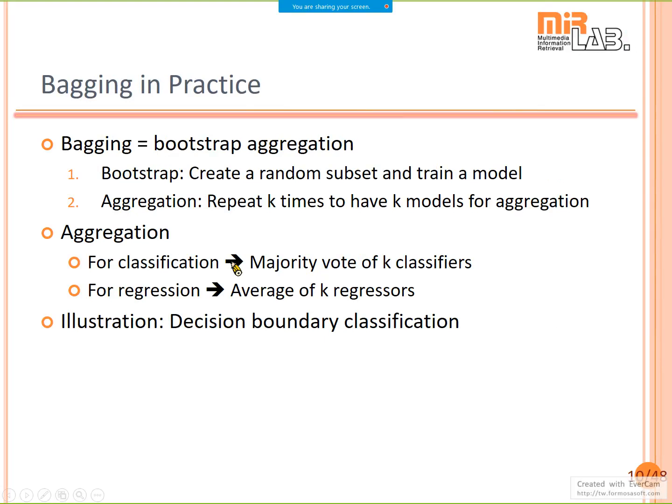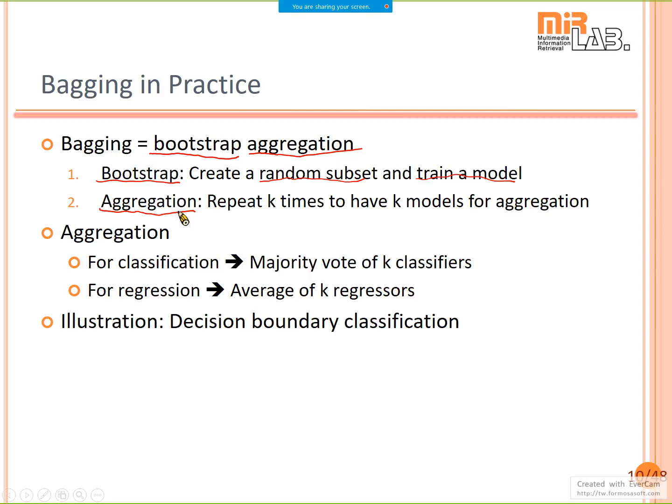So bagging in practice is equal to bootstrapping plus aggregation. In the step of bootstrapping, we are creating a random subset of the original dataset with replacement and using the random subset to train a model. Then in the aggregation part, we are repeating the above process k times to have k models for aggregation.